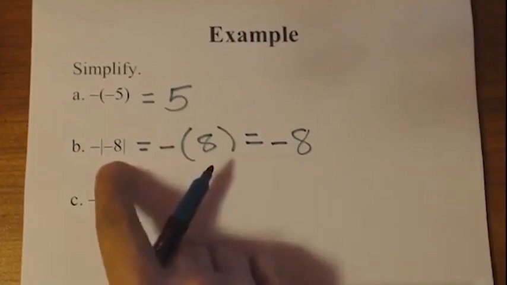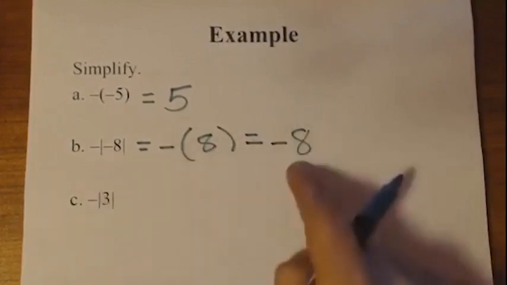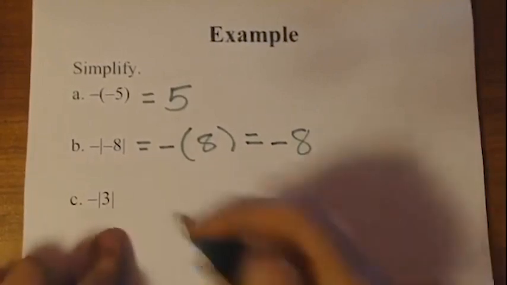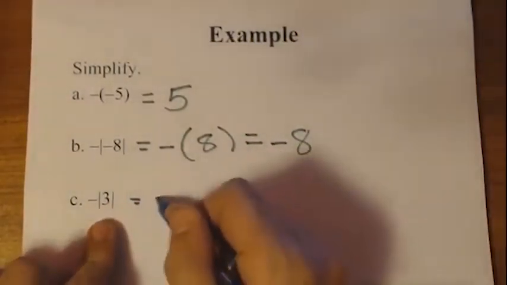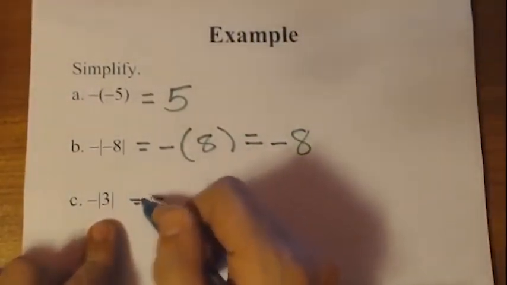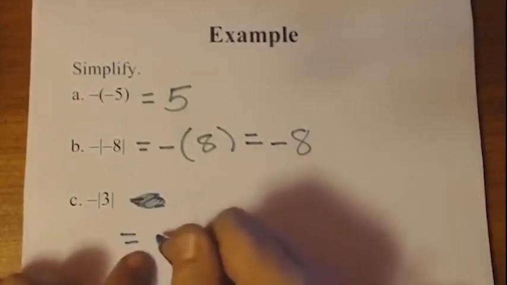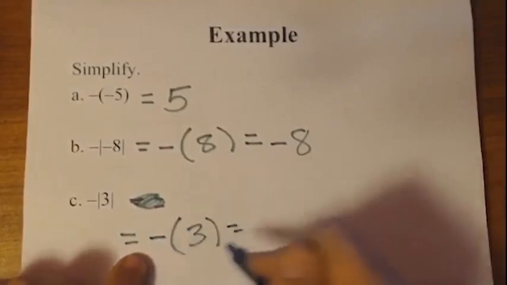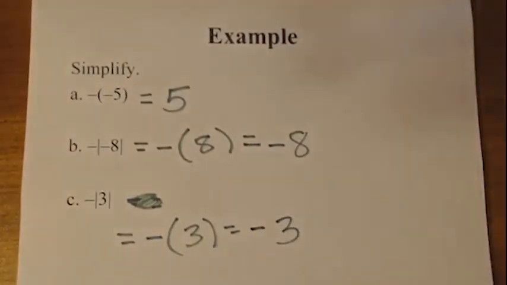So the absolute value makes this positive, and then the opposite makes it negative 8. And then down here, we have the opposite of the absolute value of 3. Well, the absolute value of 3 is just 3. So the opposite of positive 3 is negative 3.